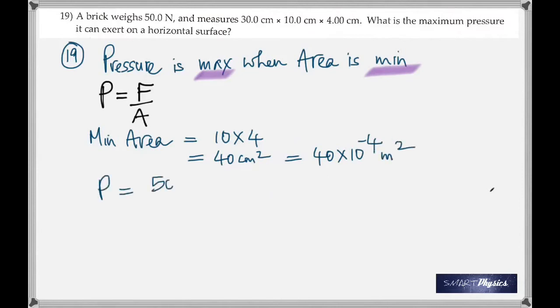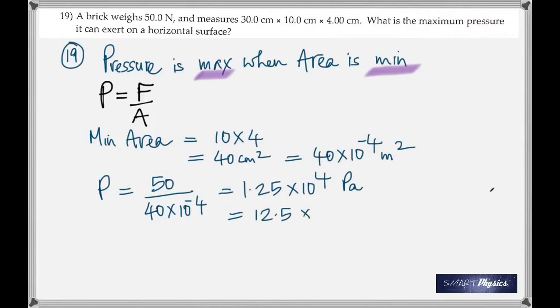Now just divide the force by the area. 50 divided by 40 times 10 to the negative 4. And that gives 1.25 times 10 to the 4 pascals. Or 12.5 times 10 to the 3 pascals, which is 12.5 kilopascals. Yes.